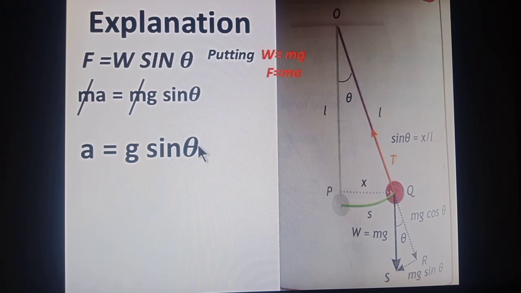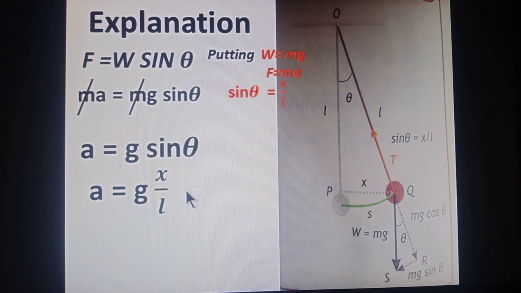So sin theta will be the ratio of x over L, where L is the length of the string and x is the shortest distance between mean and extreme position of the bob. So replacing sin theta with x by L, we get a equals gx by L.